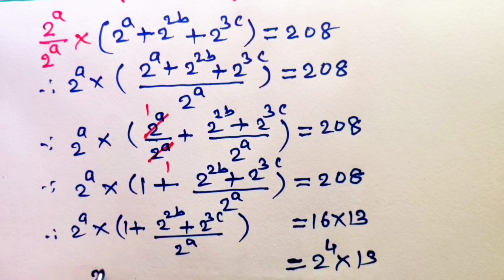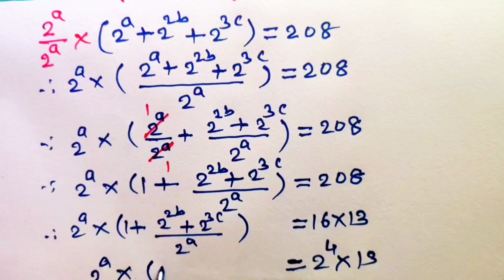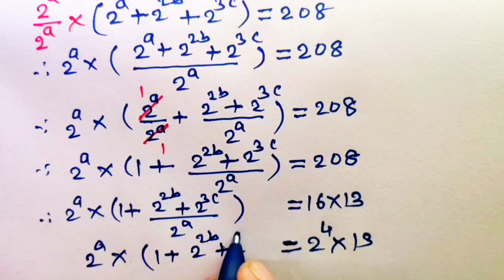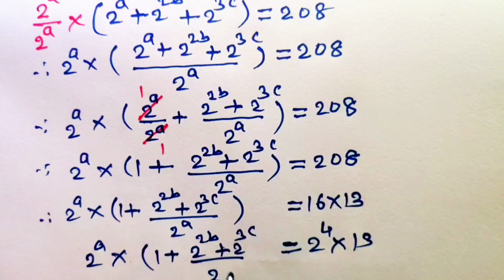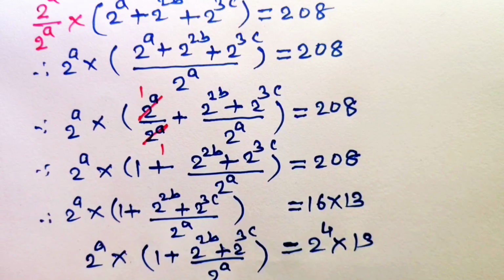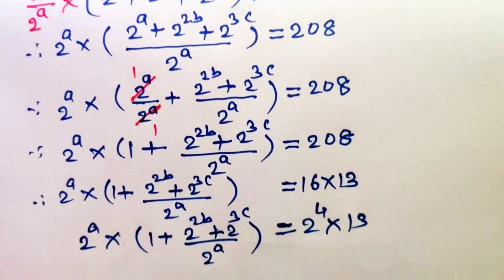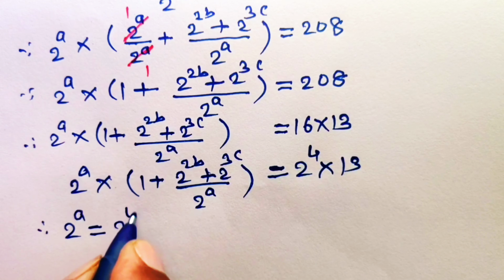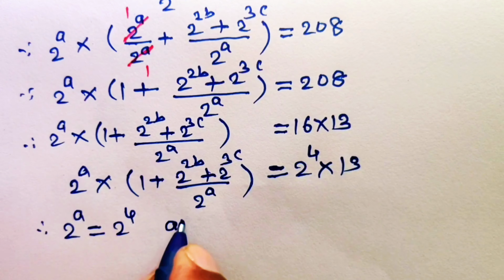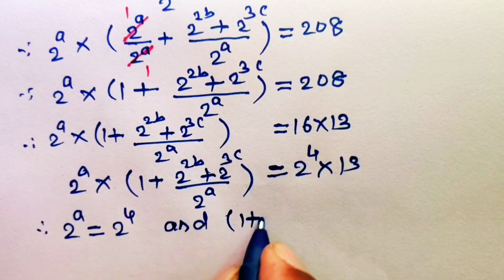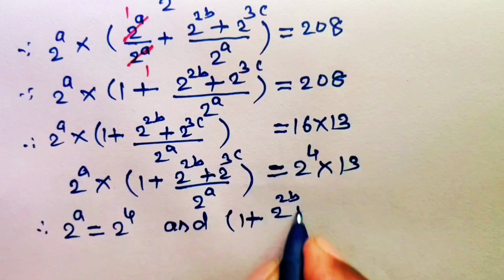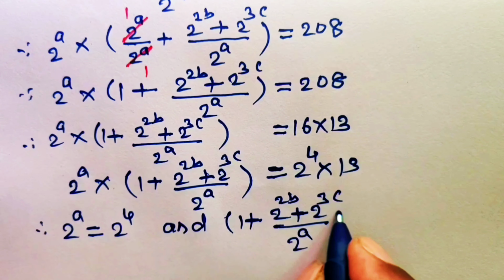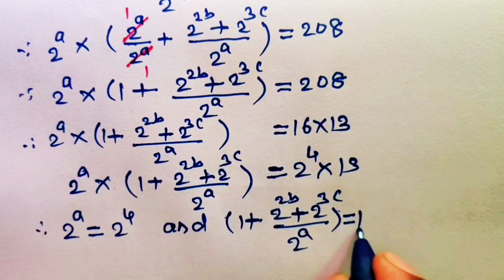Now comparing the left hand side and right hand side, we can write 2 to the power a is equal to 2 to the power 4 and 1 plus 2 to the power 2b plus 2 to the power 3c divided by 2 to the power a is equal to 13.